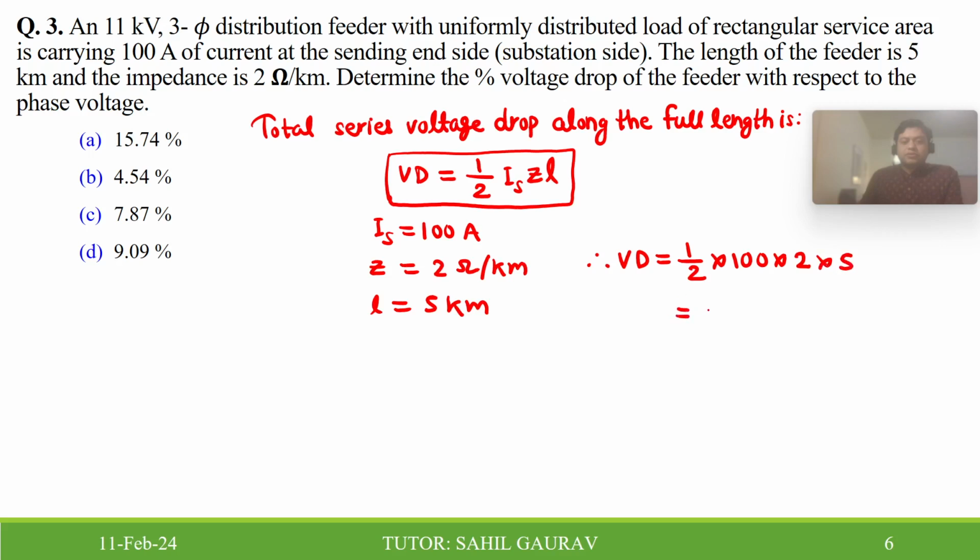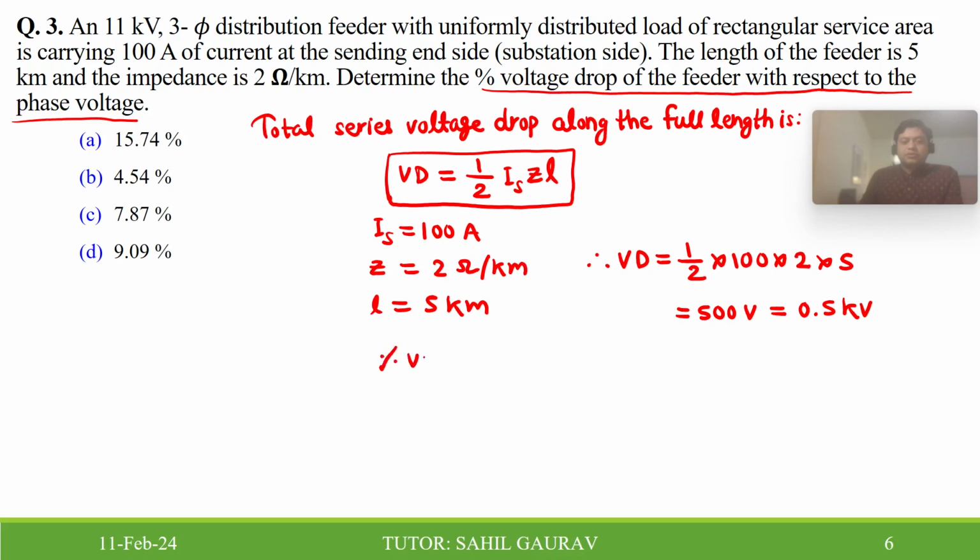So you will get 500 volt, that is equal to 0.5 kV. They are asking about the percentage voltage drop of the feeder with respect to the phase voltage, right? So we have to compute the percentage with respect to phase voltage.